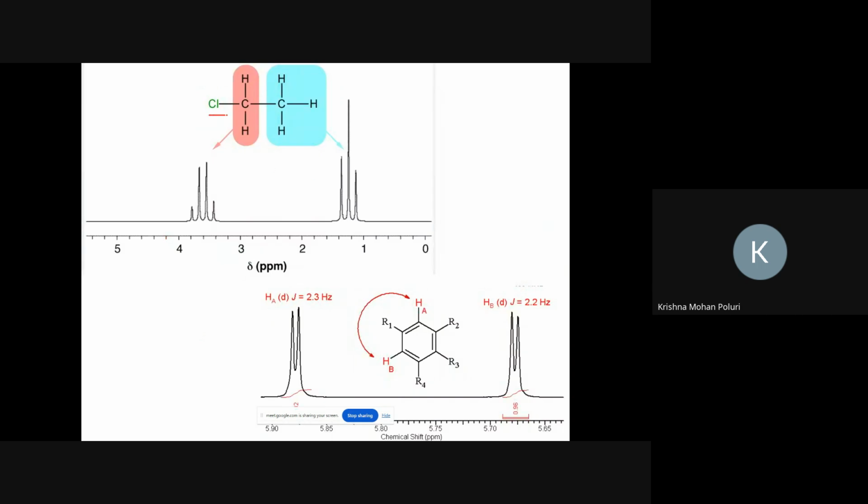If you take Cl, CH2, CH3, now you see the CH3 is divided into 3, the reason being the next neighbor is 2, 2 plus 1. Now we measured a spectrum and you get a doublet with a J value of 2.3 Hz.